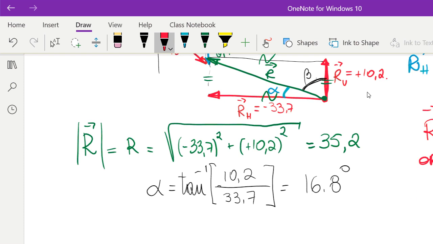Or you can say that the resultant is 35.2 kilometers at 90 minus 16.8, 73.2 degrees west of north. Both of them are correct because for the first statement I found angle alpha and wrote it as north of west, and for the second one, you would have done the calculations to find angle beta.